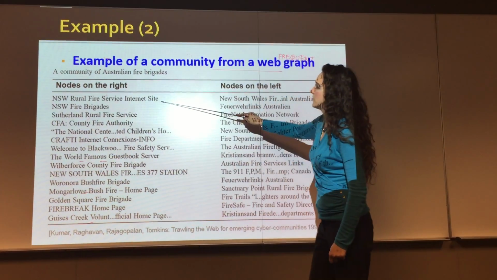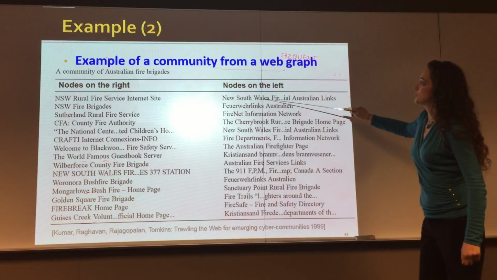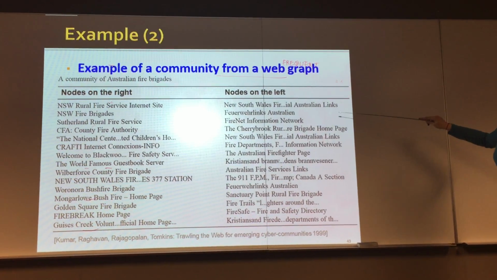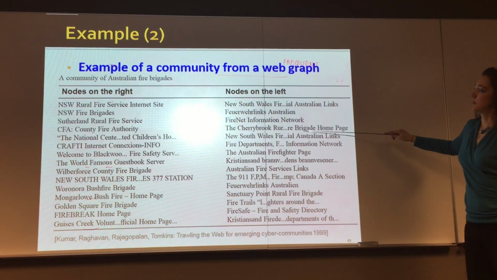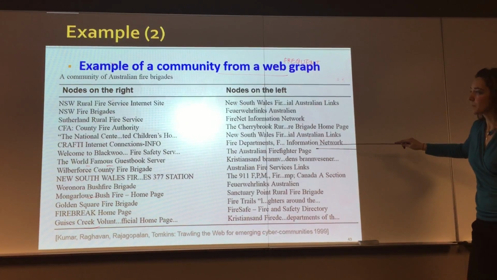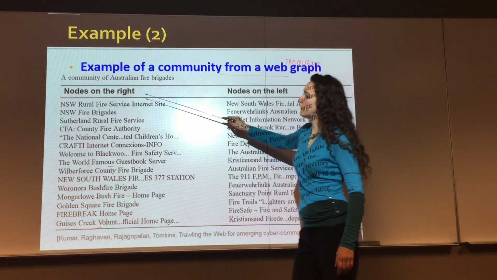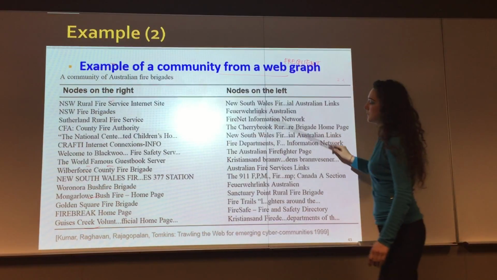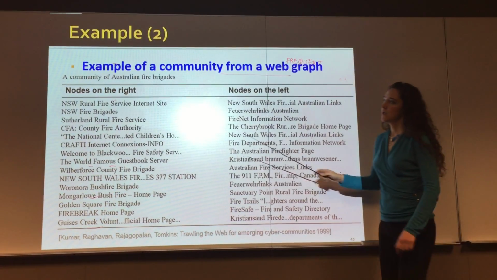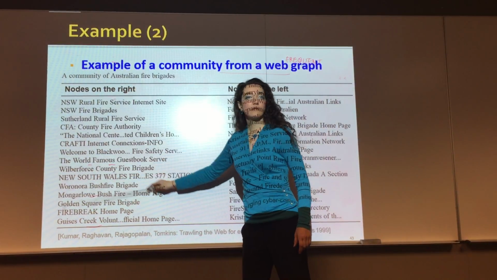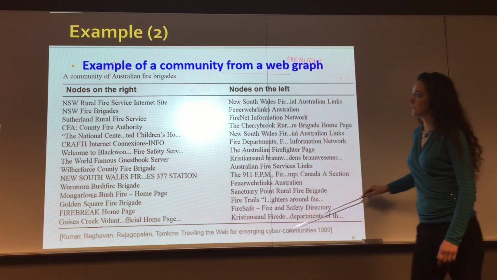Rural Fire Service Internet site points to New South Wales, Australia links for some other websites. So all of these nodes point all to these other nodes. This is the first part of the graph, and that is the second part of the graph.